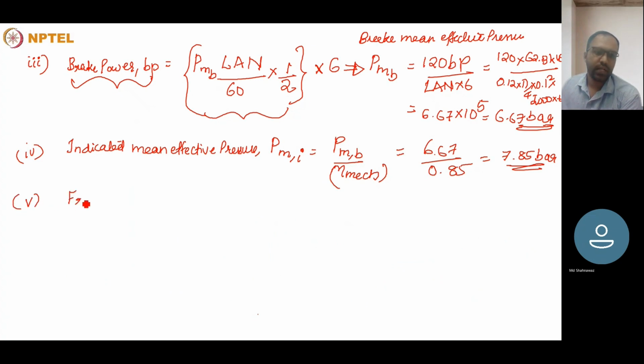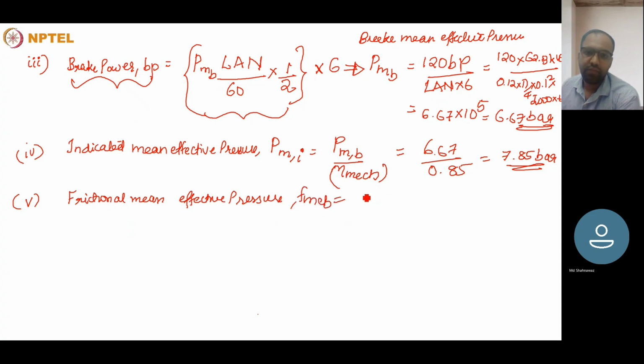So the friction mean effective pressure, FMEP, is the difference between indicated mean effective pressure and the brake mean effective pressure. So it will be 7.85 minus 6.67 equal to 1.18 bar.